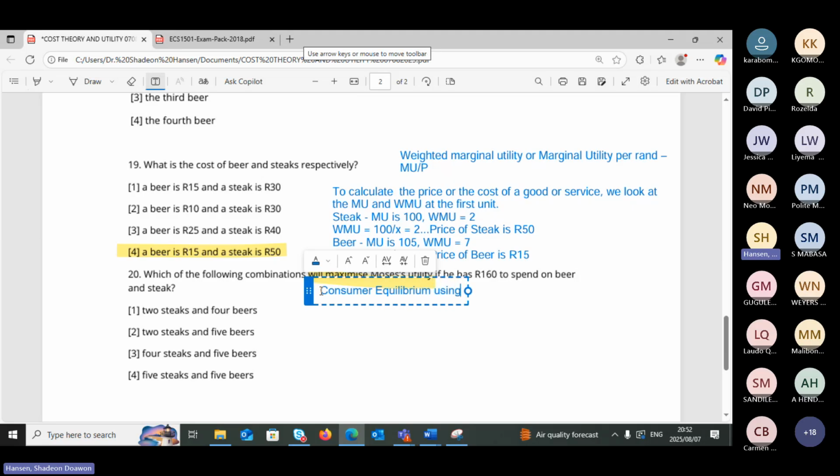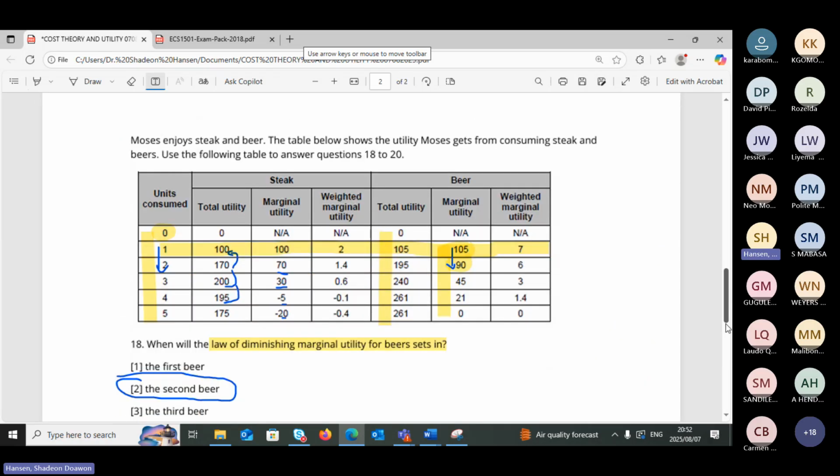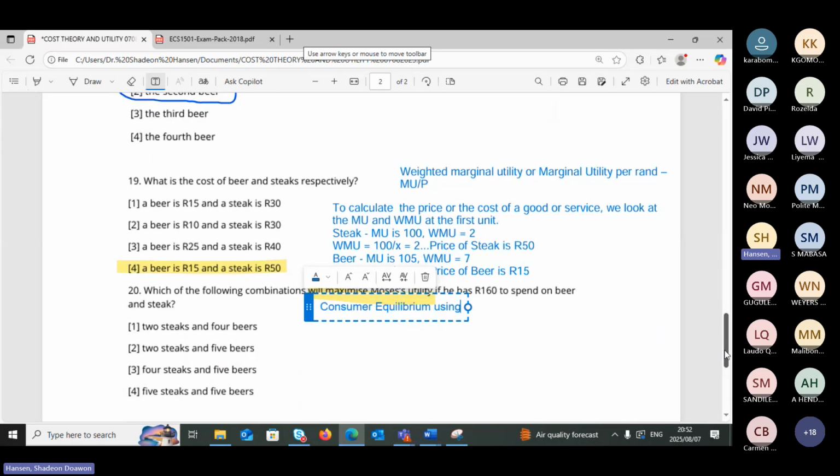Because basically what we have been doing over here, students, another term for this is marginal analysis. When you move on to the second year, when you move on to 2601, you are going to do indifference curves, etc. We're also going to talk about consumer equilibrium, but in the context of indifference curves. But in the first year, you do consumer equilibrium using marginal analysis.